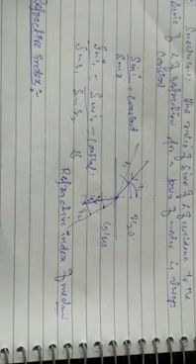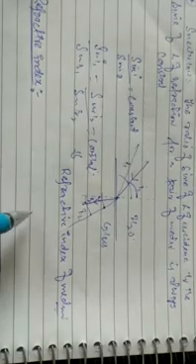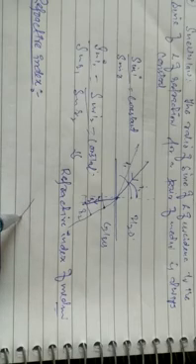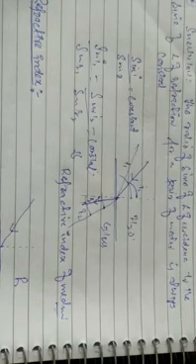Index of refraction or refractive index of a medium tells us how much the ray of light gets bent in that medium. When a ray of light goes from one medium to another medium, we have two media here. This is the interface, the separation between the two media. This is the ray of light obliquely incident on the surface, and at this point of incidence, if it's a rarer medium and a denser medium, the ray of light, once it touches here, will go like this.